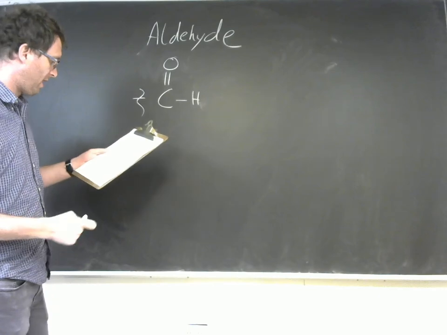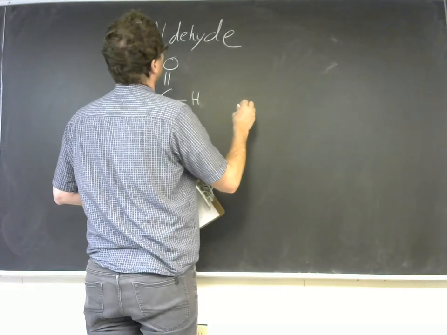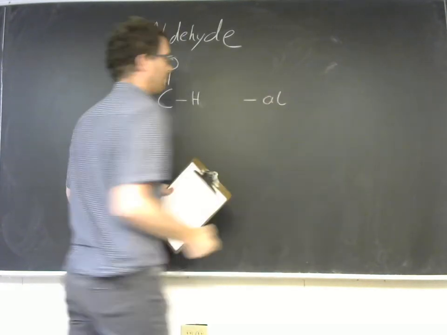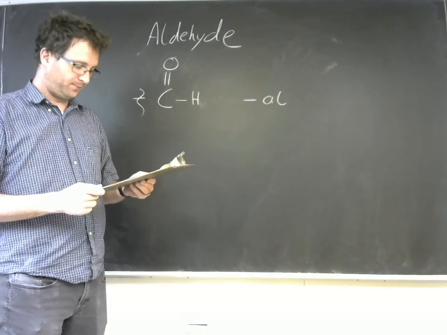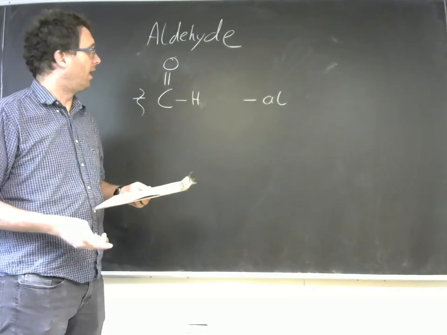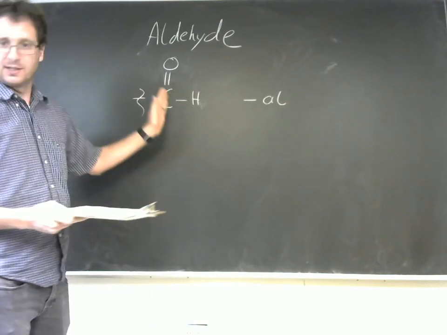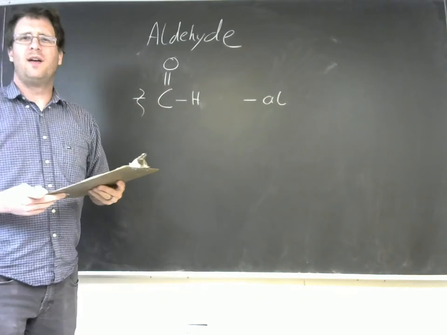An aldehyde is named with an Al on the end. So you can have methanal, ethanal, and propanal, and that just tells you the number of carbons in the chain, and then the Al ending tells you that it's an aldehyde.